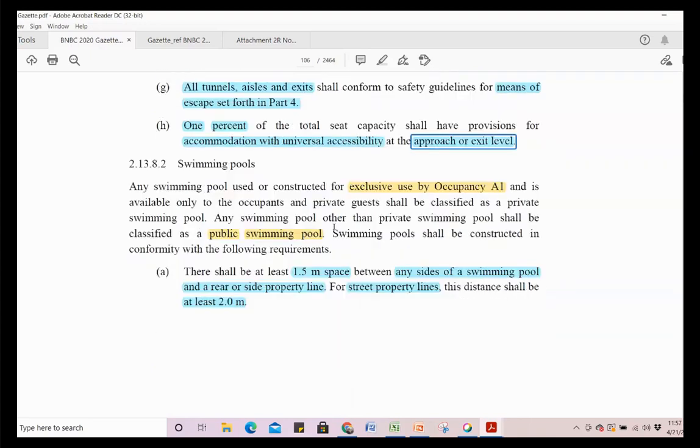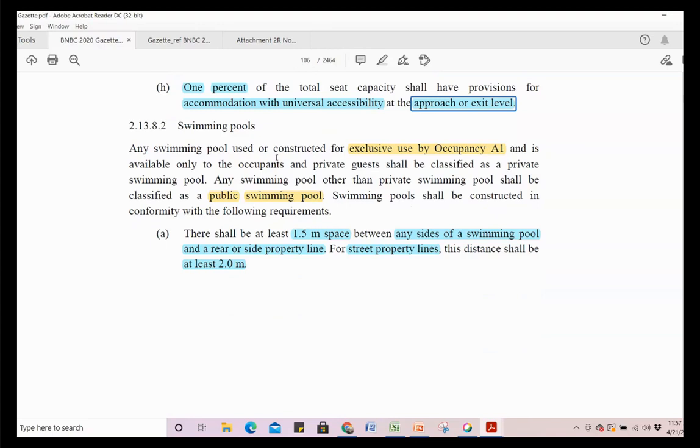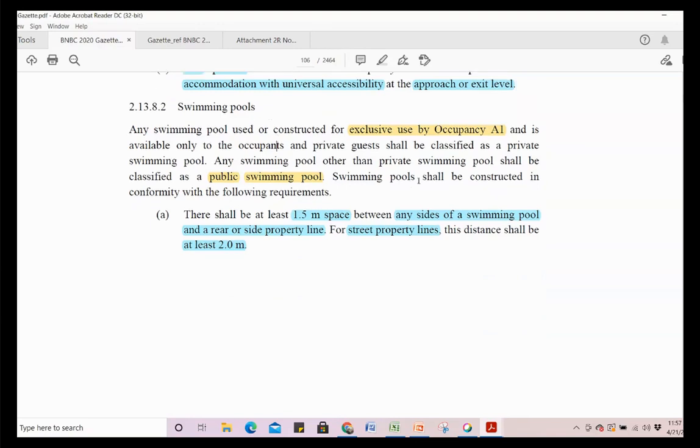So the other sports facilities like swimming pools. The swimming pools can be of two categories. One is a private swimming pool, and the other is a public swimming pool.